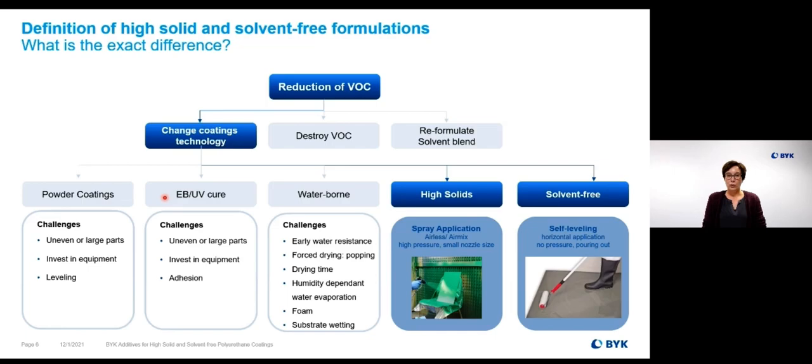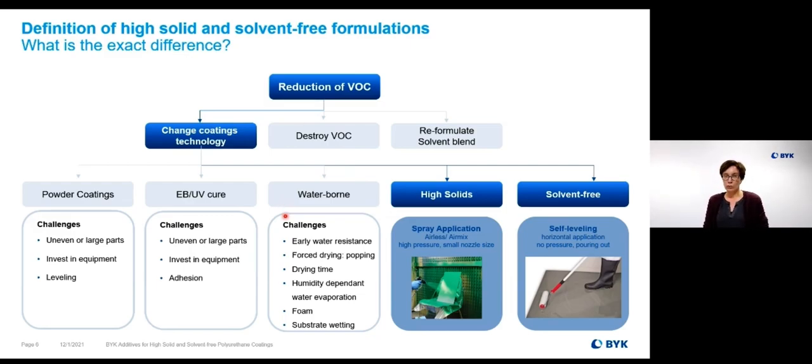Another possibility would be UV curing or electron beam curing systems. Also here, we are facing challenges. We have uneven or large parts, which are not easy to apply. Also here, we cannot use our normal equipment, meaning also here we have to invest in equipment, and we can face some adhesion problems. Another possibility could be to change to waterborne systems.